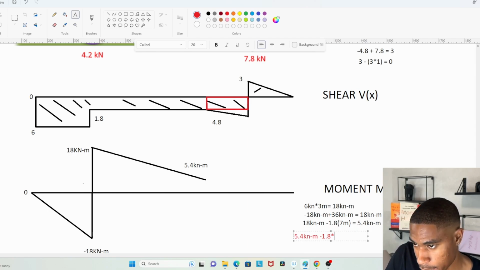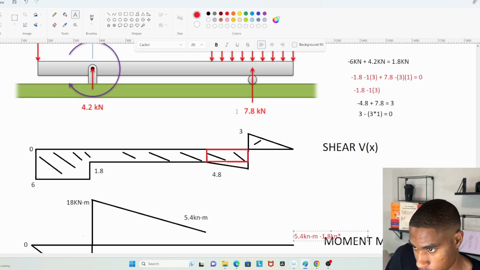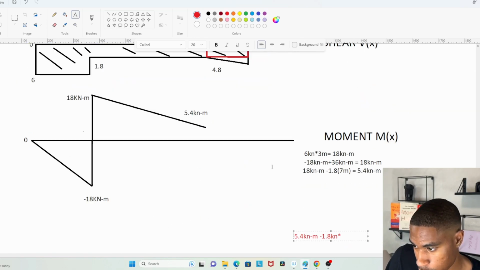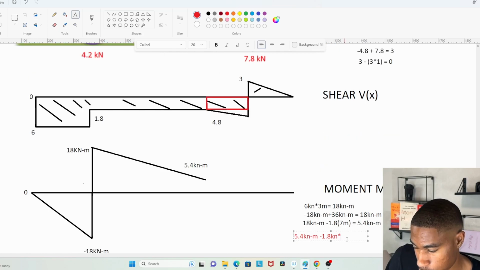So 1.8, and that is kilonewtons, times our distance from this distributed load to the roller, which is 3 meters.